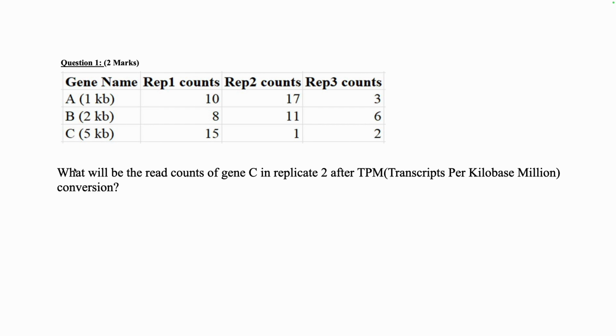There are three steps in TPM conversion. First, we divide the count by the gene length. Then we estimate the scale factor. So try to divide these counts by the gene length and solve this question first.